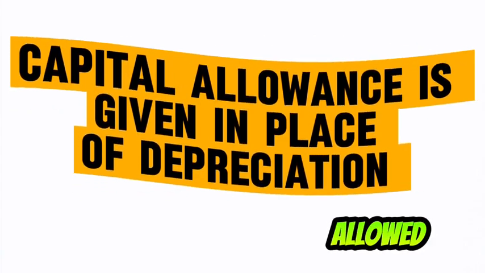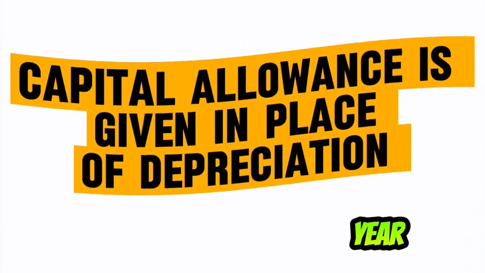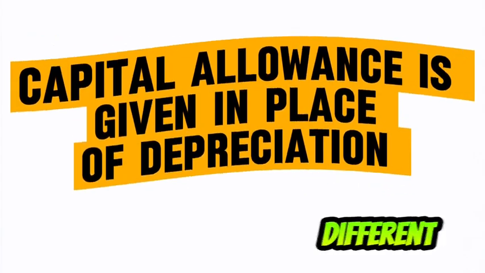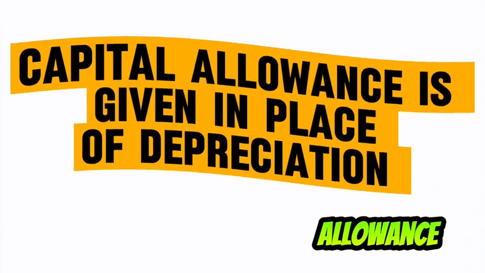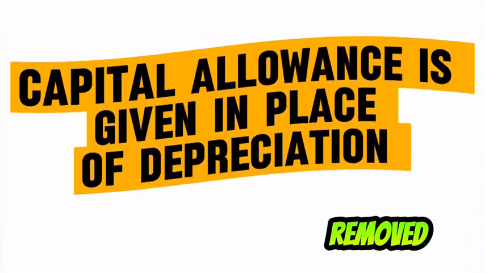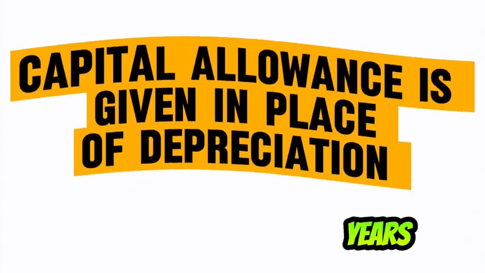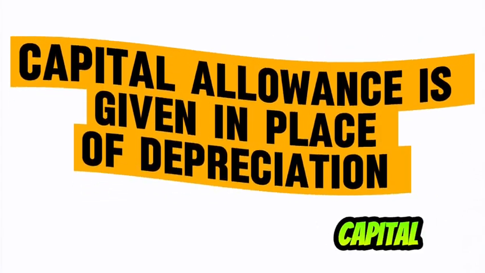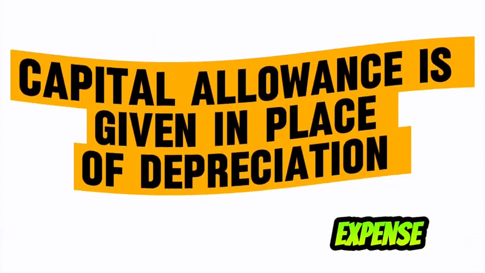Rather, you are allowed to remove it maybe 20% this year or 25% as the case may be, because we have different percentages for different classes of those assets. So the capital allowance is removed year to year. It might be for 5 years, it might be for 4 years, just to illustrate. So the tax authority gives capital allowance, and so depreciation is not an allowable expense.